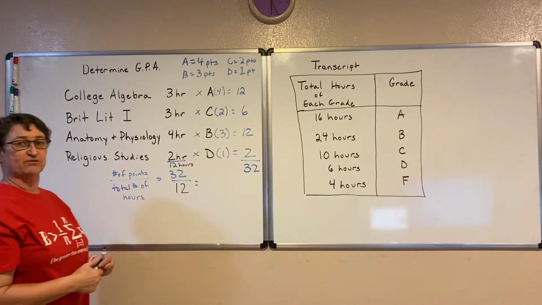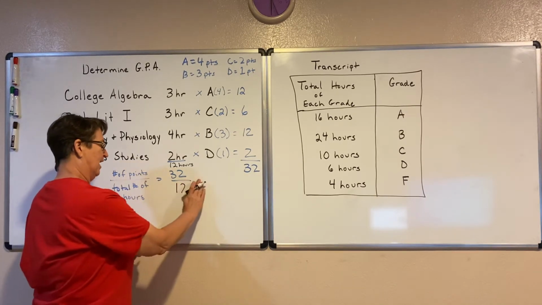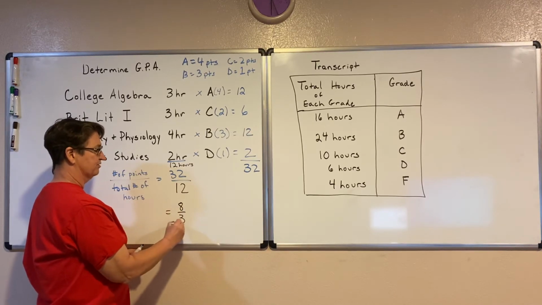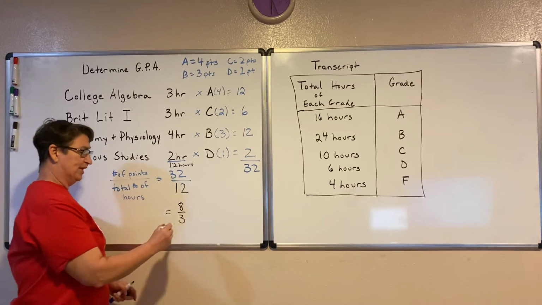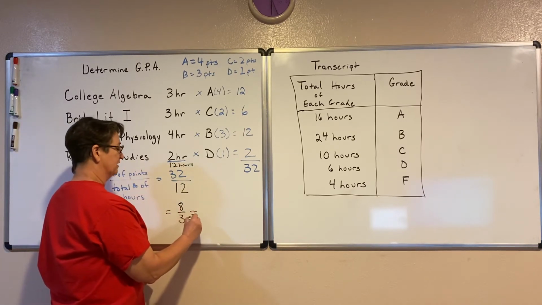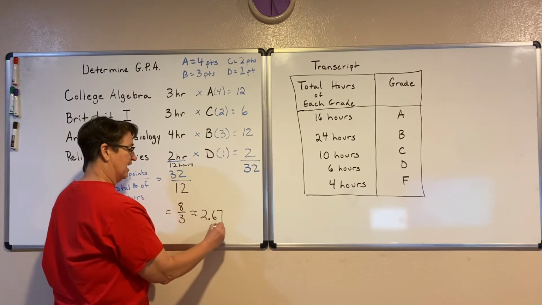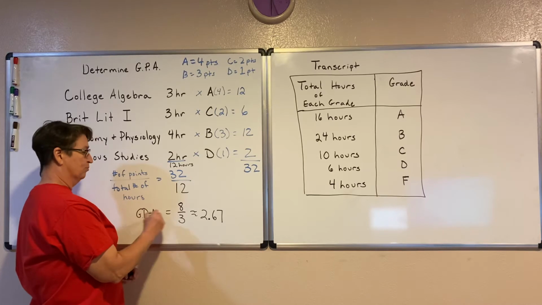Do a little simplification. I can divide this top and bottom by 4, and that is equal to 8/3. 8 divided by 3 gives me 2.67. So this GPA would be 2.7.